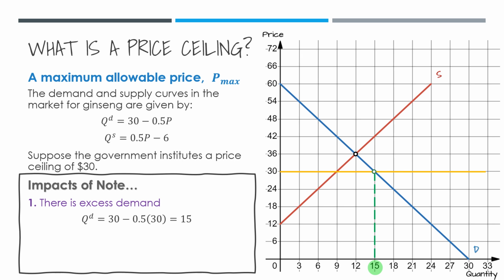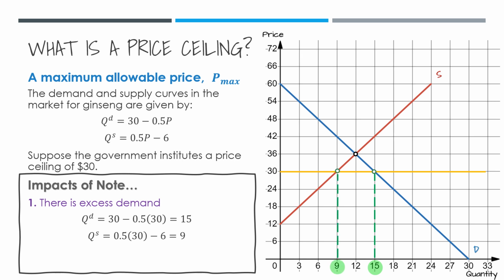So I'm going to label that on my graph using green. Similarly, if we plug that $30 price ceiling into the supply curve, we'll find that the quantity supplied at a price of 30 is 9. I can label that on my graph as well.